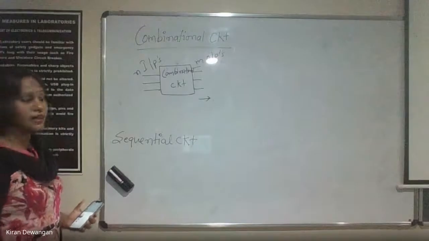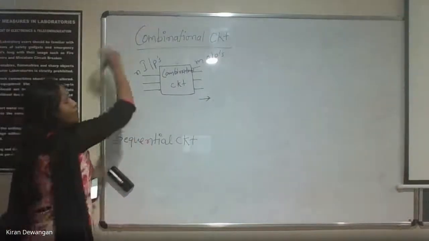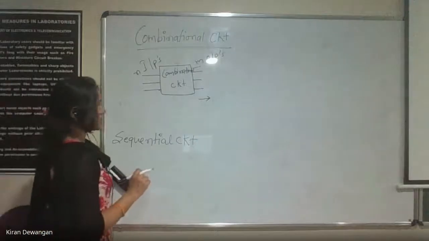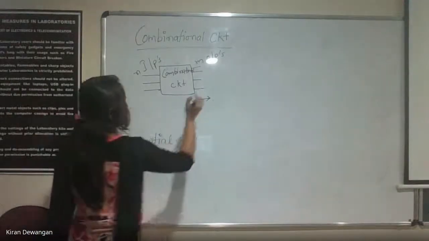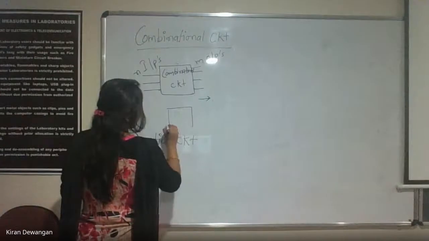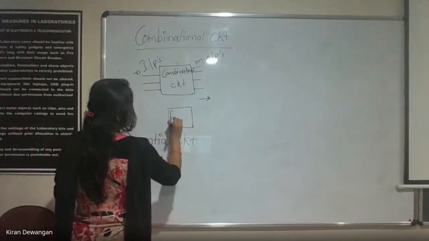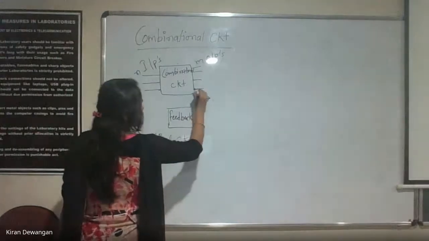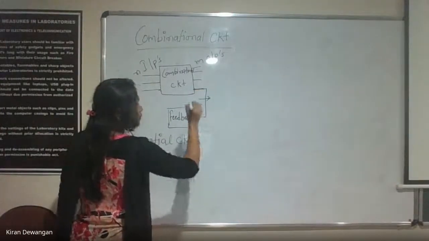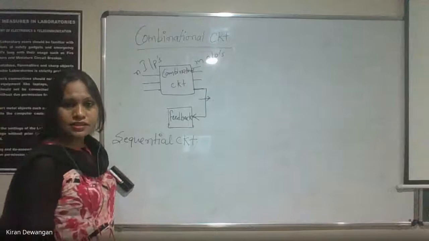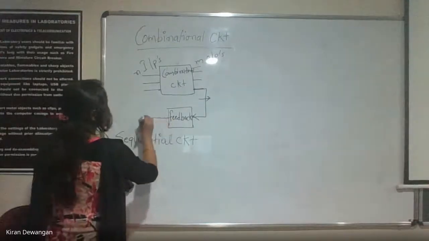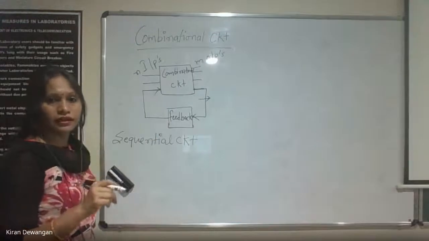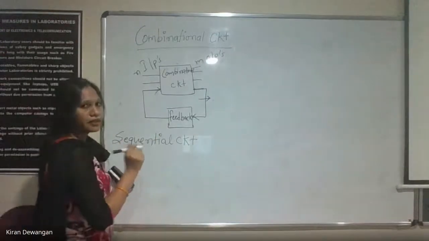Sequential circuit. Now this is different from the combinational circuit. Now what is a sequential circuit? You need to understand. Here we have a feedback. This output is given to a feedback system and this is fed back again to the same circuit. Clear? So what is happening?